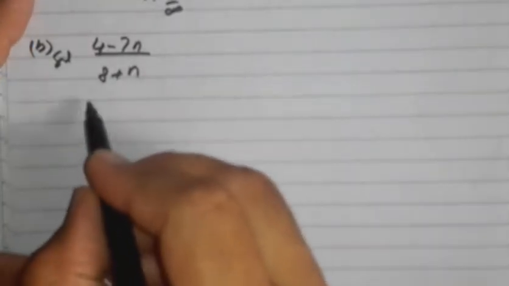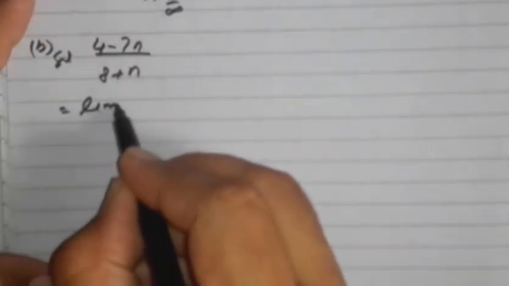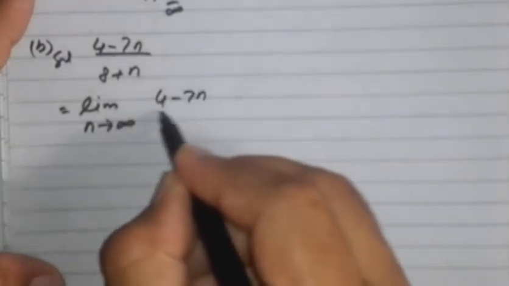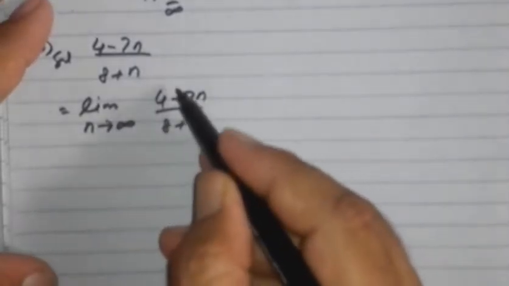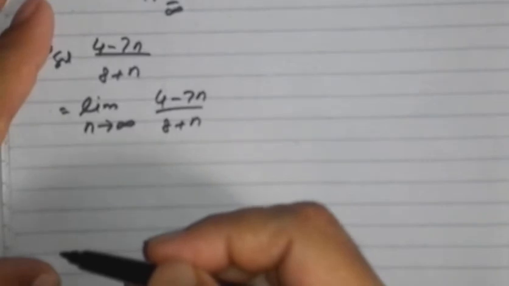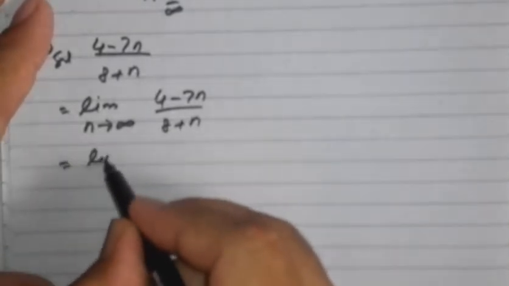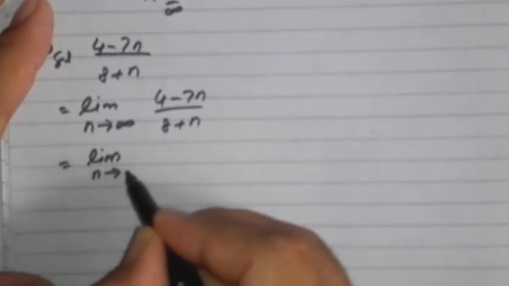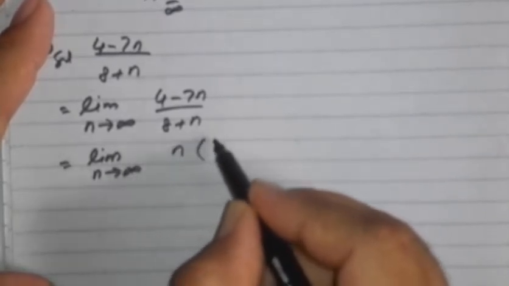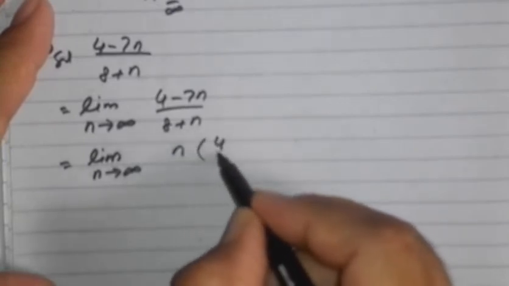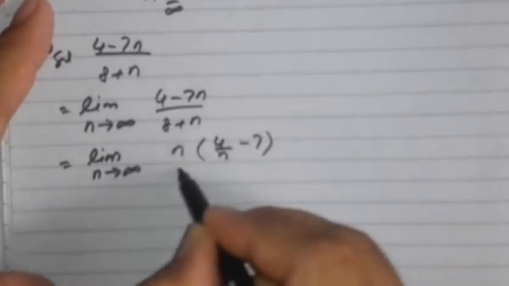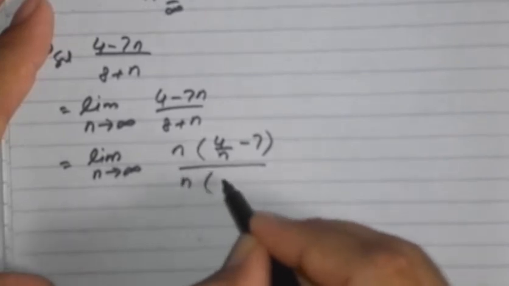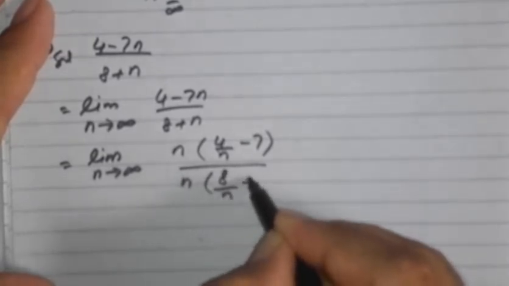Part B, take limit n tends to infinity 4 minus 7n divided by 8 plus n. If you put infinity here, it will be infinity by infinity form, which is an indeterminate form. So we will take n common from the numerator. Here we get 4 divided by n minus 7, and n common here, so 8 by n plus 1.